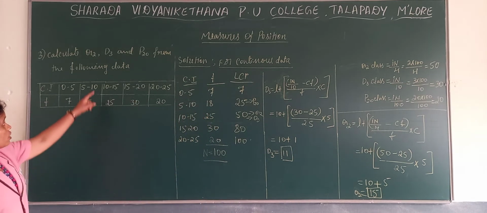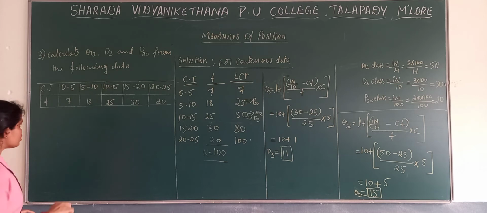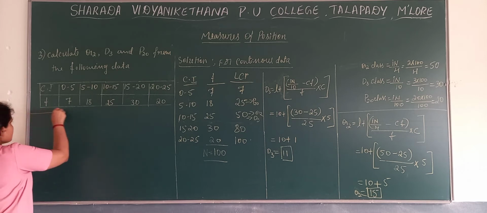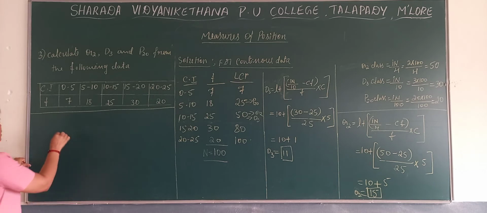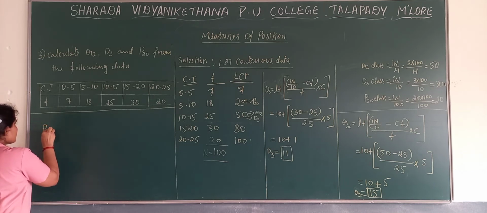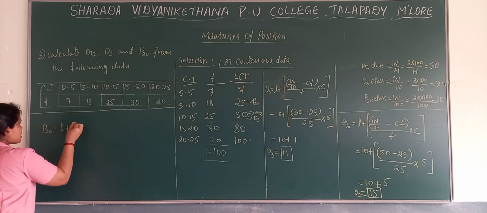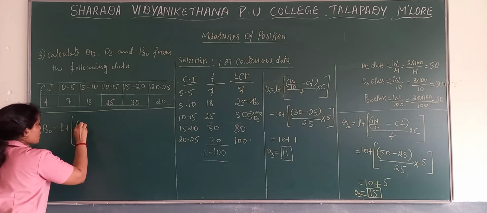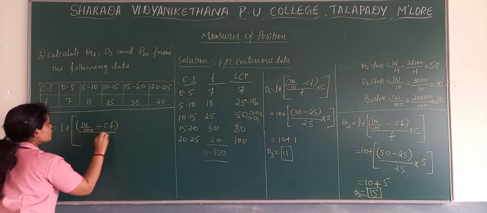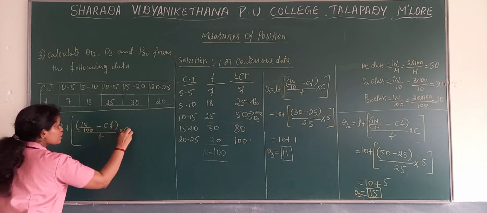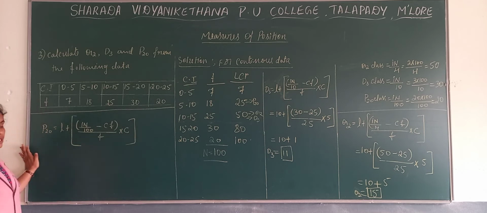Now the last one we need to calculate is percentile 20. P20, the formula goes like L plus N by 100, since it is a percentile, minus CF divided by frequency, into the width of the class.